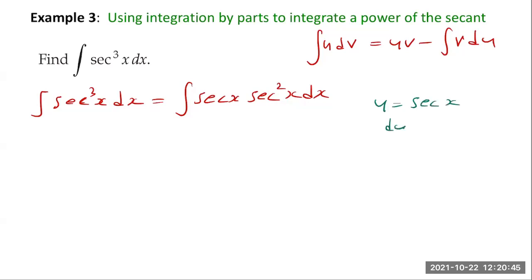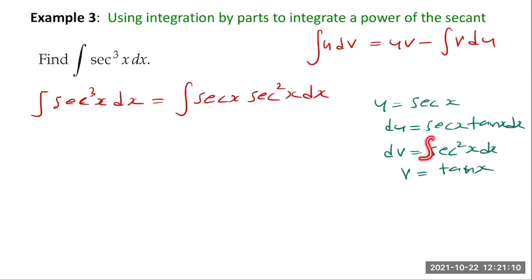That will give me du is equal to secant x tan x dx, and I'm going to identify my dv to be secant squared x dx. That will give me, by anti-differentiating, v is equal to tan x.